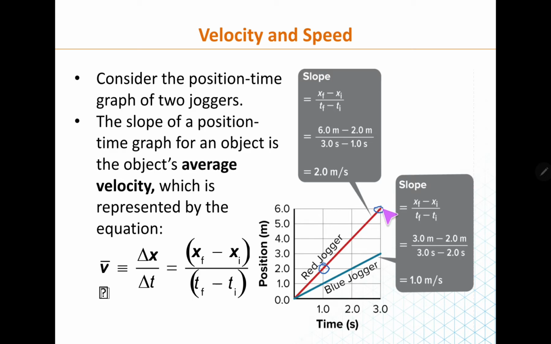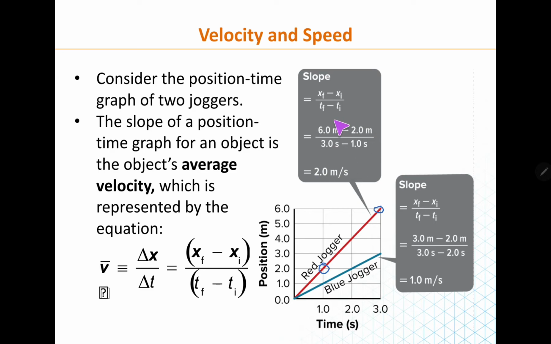Here, x final for this point is equal to 6, because the movement started from here until here. So here the position is equal to 6. So we should write 6 meter minus the second position that I chose, which is equal to 2, over the time here that's equal to 3 minus the time here equal to 1.